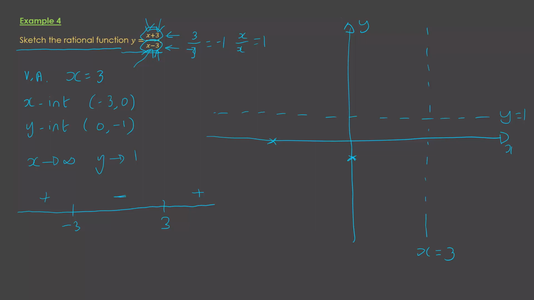Now we know that before negative 3, the graph is positive, so above the x-axis. Well, that fits with coming in from the asymptote like so.